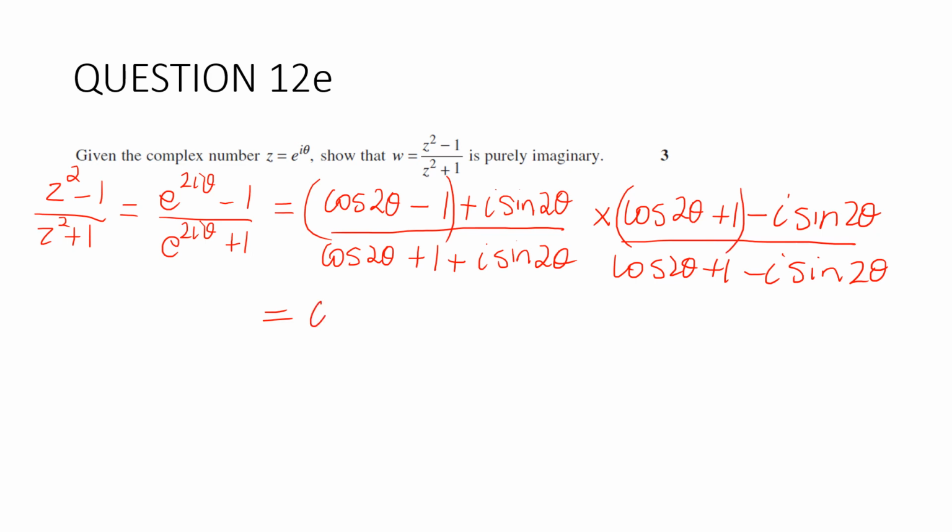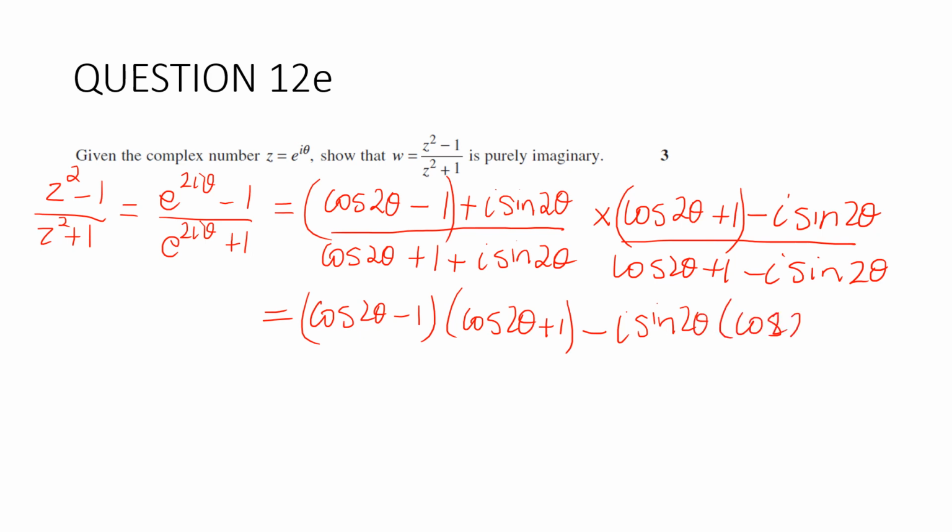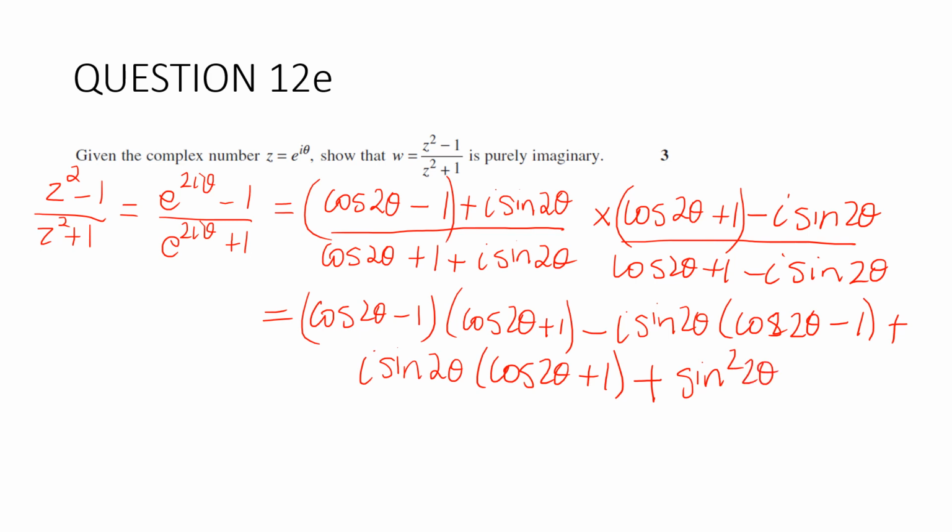So I end up with cos 2 theta minus 1, cos 2 theta plus 1 minus i sine 2 theta cos 2 theta minus 1 plus i sine 2 theta cos 2 theta plus 1, plus sine squared 2 theta, all over.